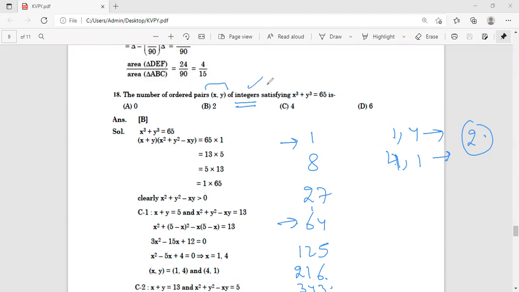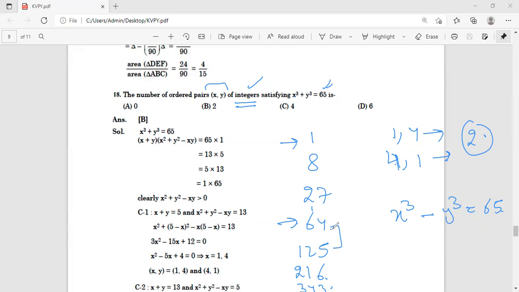Also, it is integers. So even if it is a negative number, you get x cube. Both negative is not possible because the right hand side is positive. So suppose x cube minus y cube is 65. Then also the difference is never 65, right?